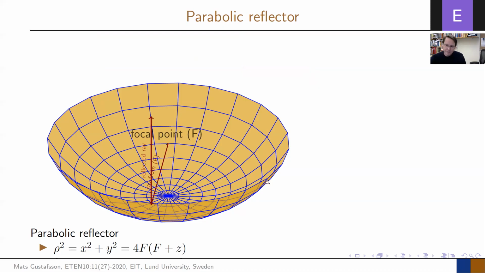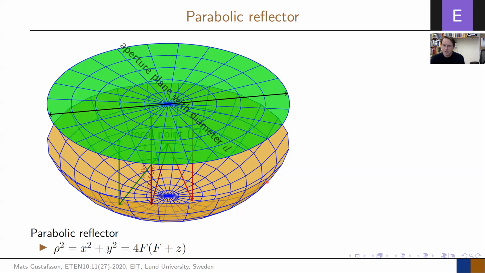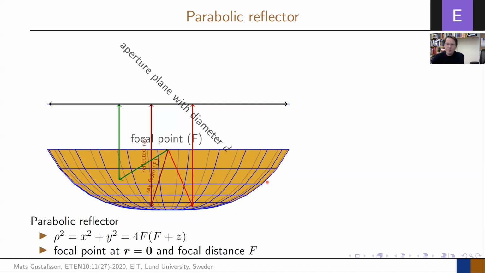And so the distance will be the same for all of these reflected fields. If I take it from different points, it's always the same distance to a specific focal point that sits there. So I get this aperture plane here. It has some diameter, which is the same as the diameter of my parabolic reflector, and it has a uniform phase over it. And that is what radiates in some ways.